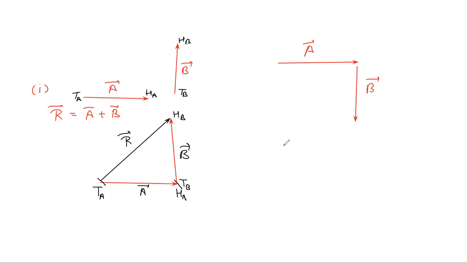If we draw A vector and B vector like this, first of all, we draw A vector. So this is the vector A, tail A, head A, tail B, head B. If we coincide the tail of vector B to the head of vector A, the diagram is like this.